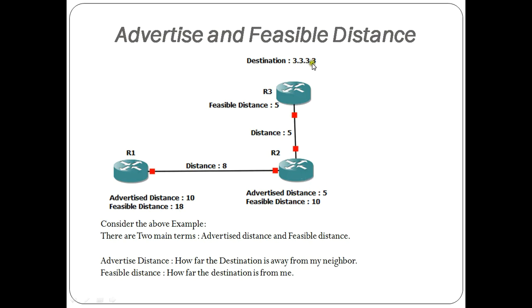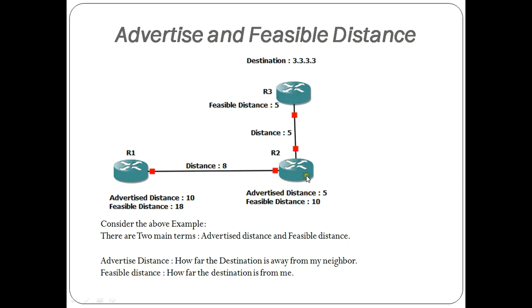It also needs to reach a particular destination, with a feasible distance of 10 and an advertised distance of 5. So what does that mean? Feasible distance is the distance to reach a particular network from the router. That's why this router has a distance of 5 to reach that destination.